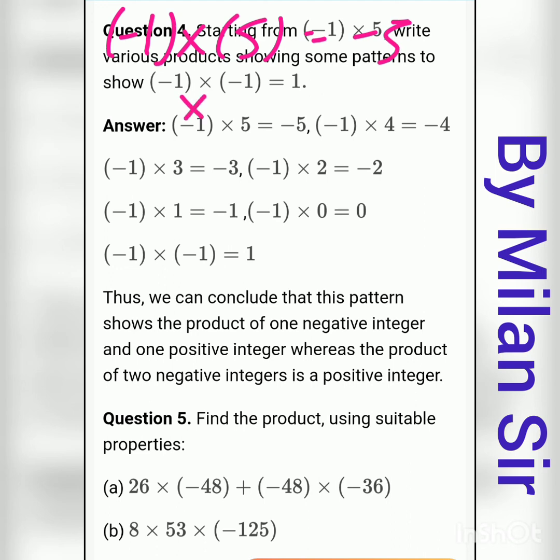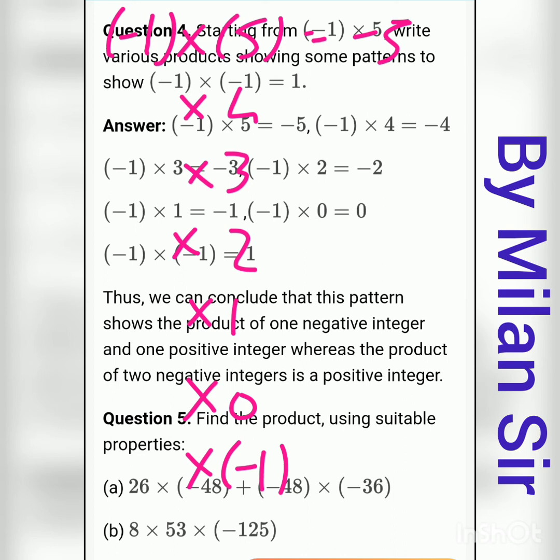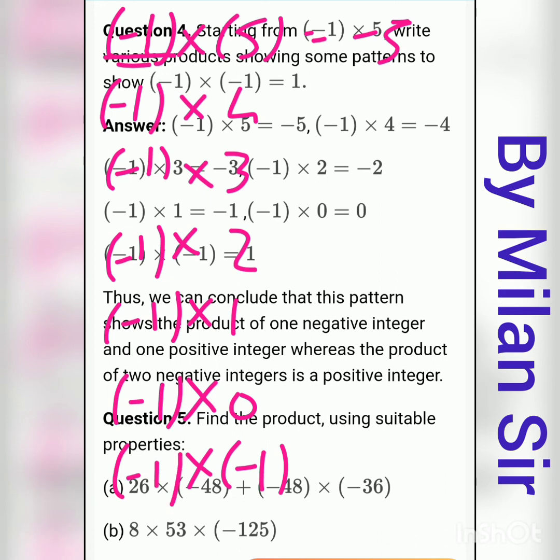Then minus 1 multiplied by 4, 3, 2, 1, 0. After that we get minus 1, and the first number stays minus 1 throughout.